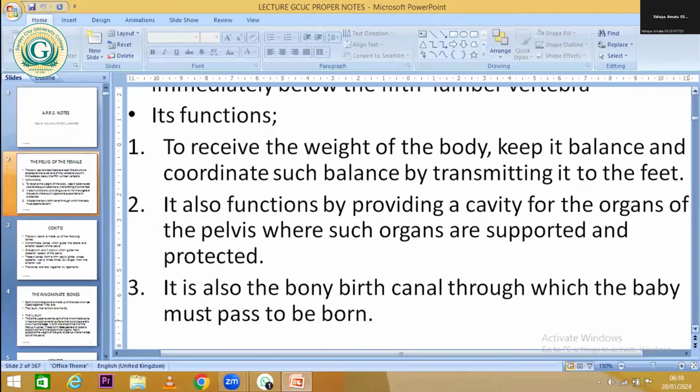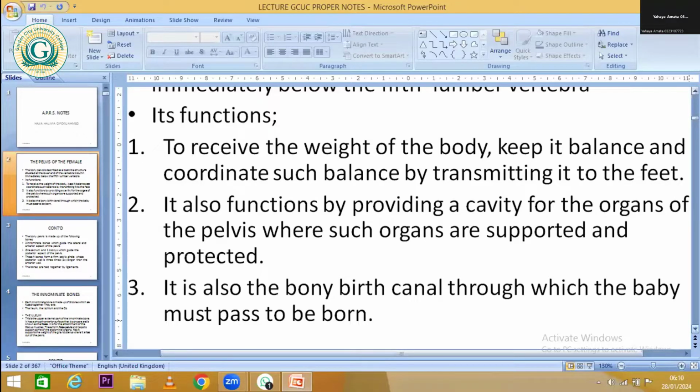So with the functions of the pelvis, we are saying first, after receiving the weight of the body, keeping it in position and making sure that the weight of the body is transmitted to the legs, if you have distortion in your pelvis, there is the possibility of you having a waddling gait, meaning that the way you walk will be distorted. Now, we also say that it provides a cavity for the organs that are situated in the pelvis.